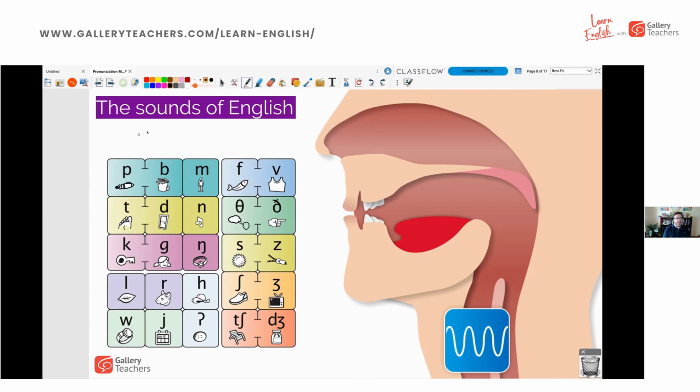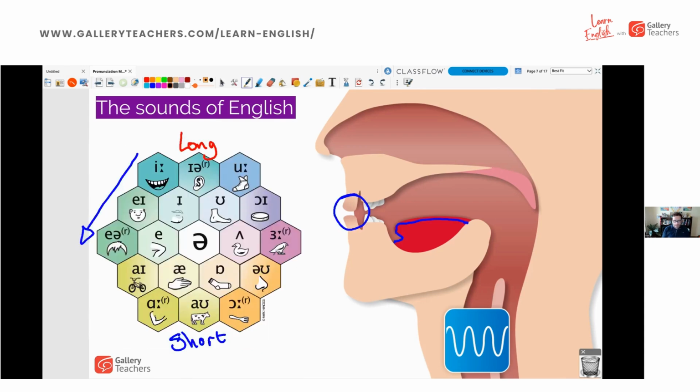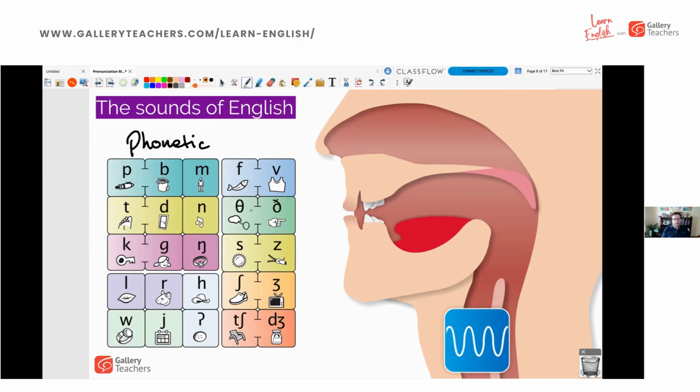These are phonetic symbols. So we use these symbols to show the different sounds of English. So these are the symbols for the vowel sounds, and these are the symbols for the consonant sounds. Now, we've got different sounds, different groups of sounds here.